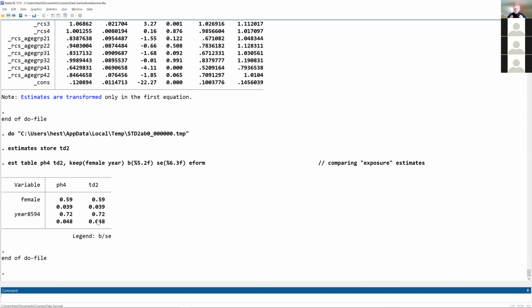Maybe I should talk about sex to make it very clear. If you're using the models I'm using now, you're saying that the effect of being female is changing over time. If you're using the other type of model, you are saying that someone is female for a certain period of her life, and then she changes to being a male. So that's quite a different situation. So no special data for this.